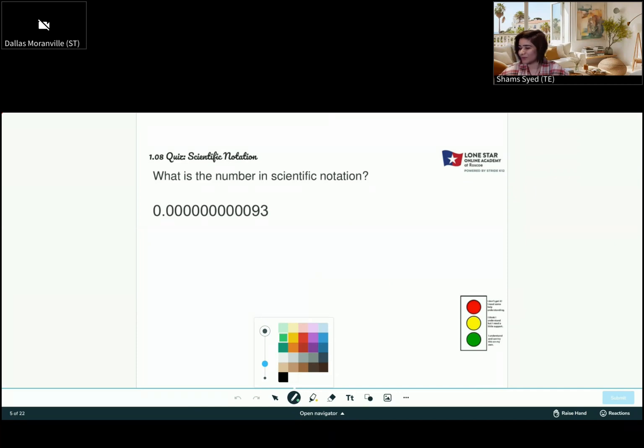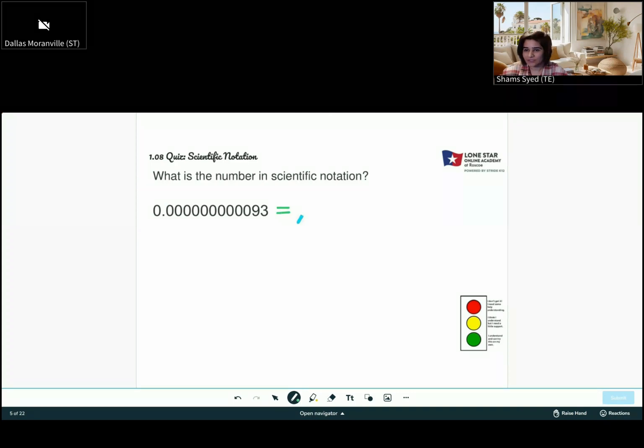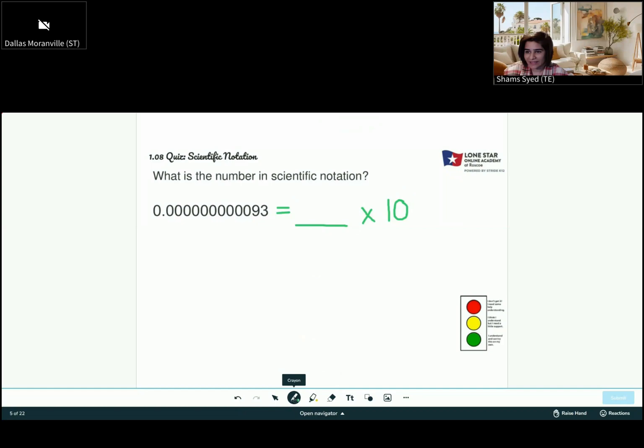Oh, Ronnie is giving some good feedback to Dallas. And here we are. So I'm going to have a number times 10. Is the exponent going to be negative? Very good. The exponent is going to be negative because this number is less than 1.